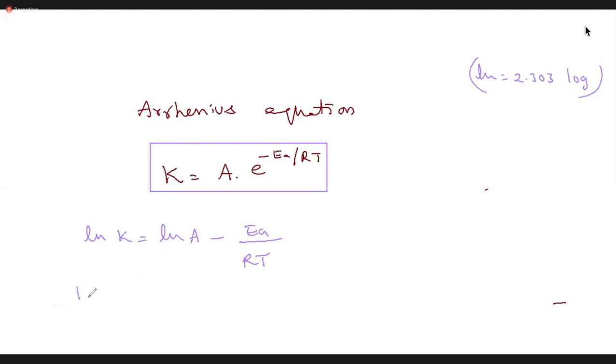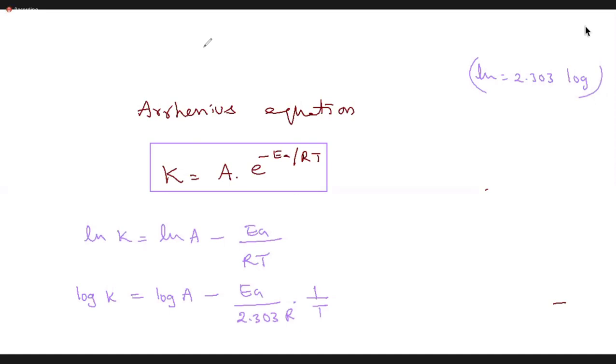Then the equation becomes log k is equal to log A minus EA by 2.303 RT. Is it correct what I wrote?